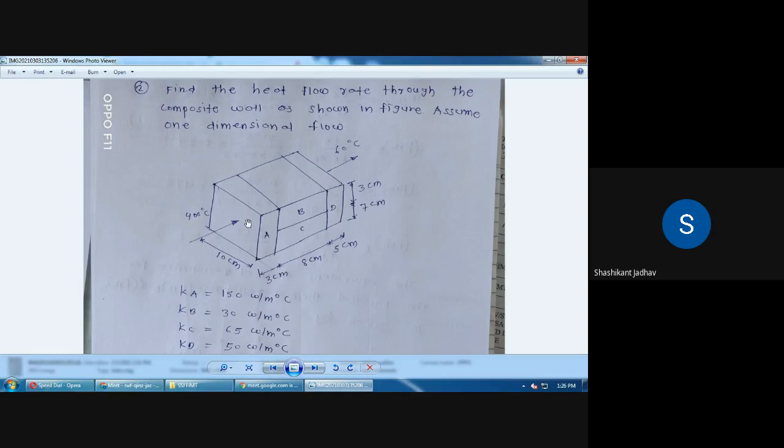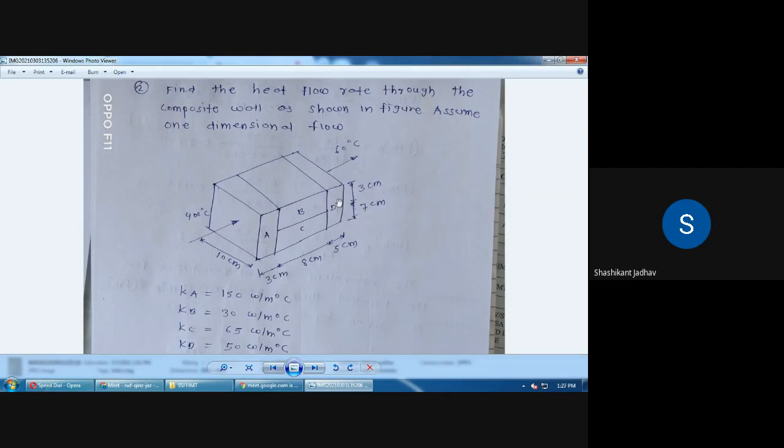At the left hand side the temperature is given 400 degrees Celsius, and at the right hand side the temperature is given 60 degrees Celsius. And for the plates B and C, height is given 3 centimeter and 7 centimeter.